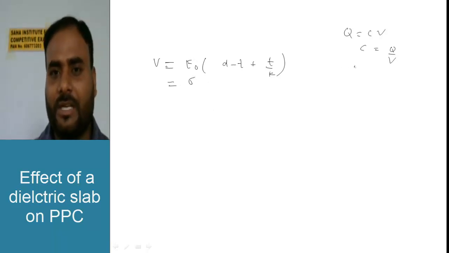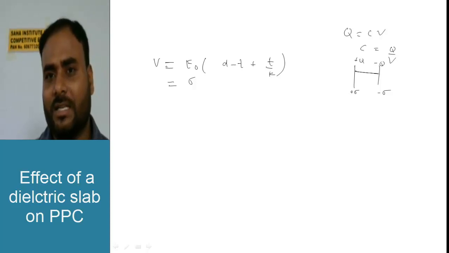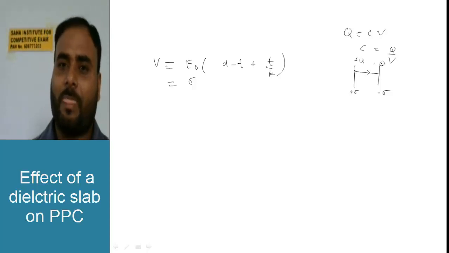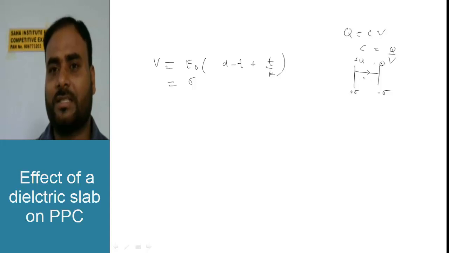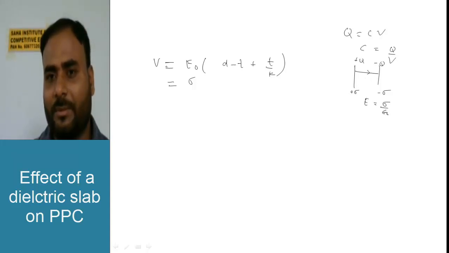I know the electric field in between the two parallel plates of a capacitor. This is plus Q and this is minus Q, and the charge densities are plus sigma and minus sigma. Then we have studied before that there is an electric field because of this in the region between the two plates, and that electric field is given by sigma over epsilon naught.